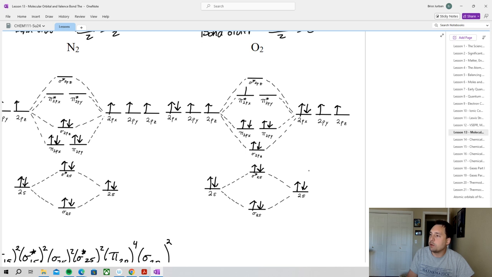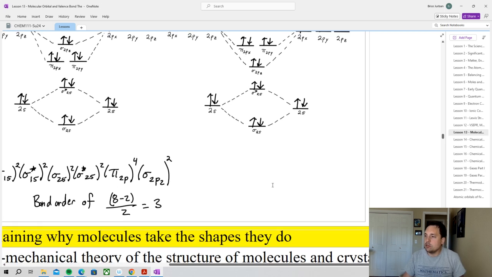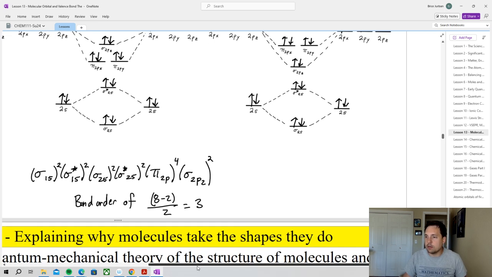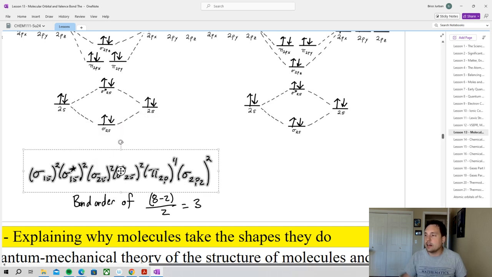So we need to put in 2 electrons up here, and note that they're going to go in different orbitals. So the pi star 2px and pi star 2py molecular orbitals will have 1 electron in each of them. And this is really interesting because it gives rise to a property of molecular oxygen where it's magnetic.